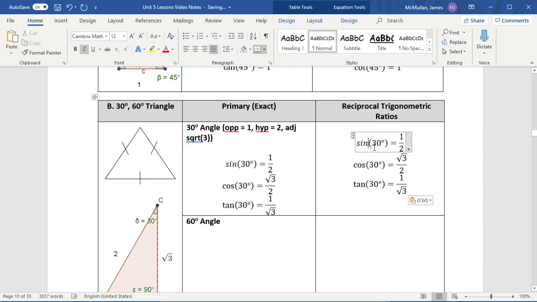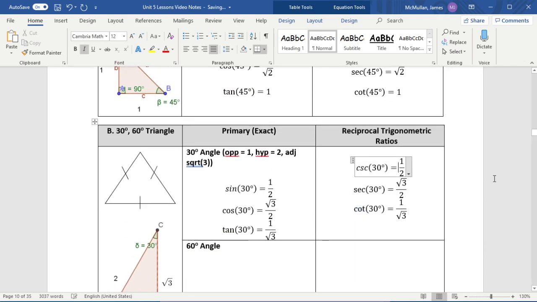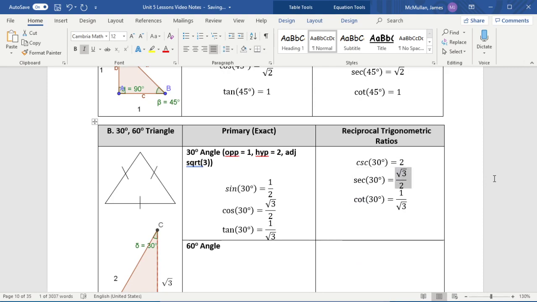Of course, to make the other ones, to make cosecant, secant, and cotangent, all I got to do is just flip these over. So cosecant of 30 is just 2. Secant of 30 is 2 on the top and square root 3 on the bottom.